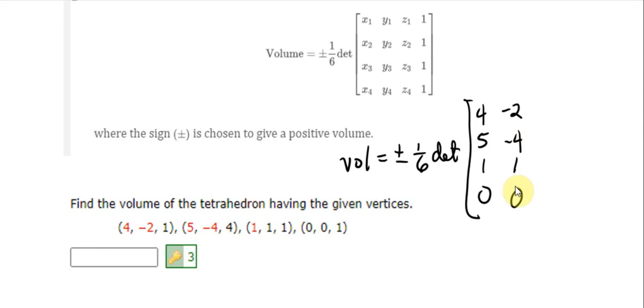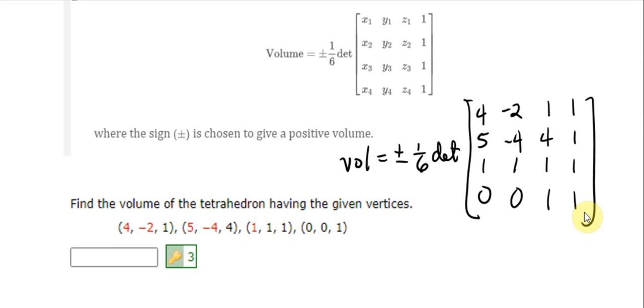And then the third column: 1, 4, 1, and 1. And then the last column, just 1, 1, 1, 1. And we just worked that on our graphing calculator, and I plugged that in to mine.